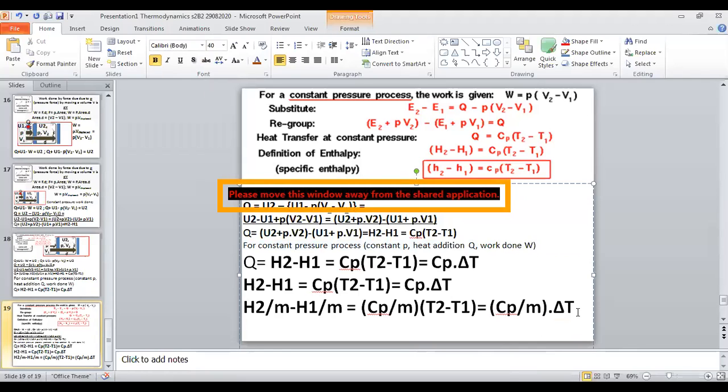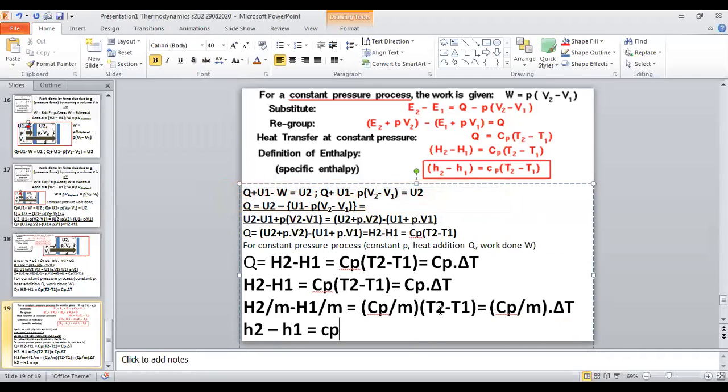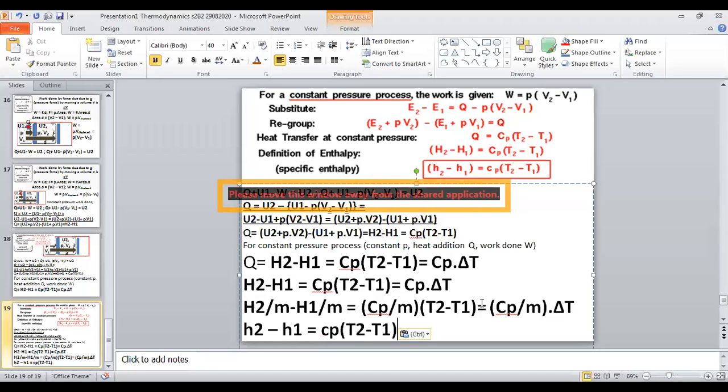This can be written as h2 minus h1 equals not big Cp, now small cp, times (T2 minus T1). It is good.